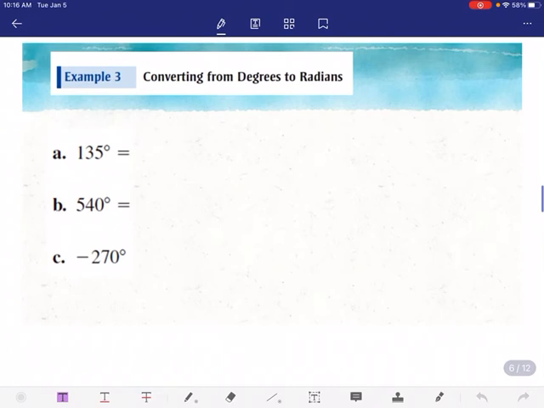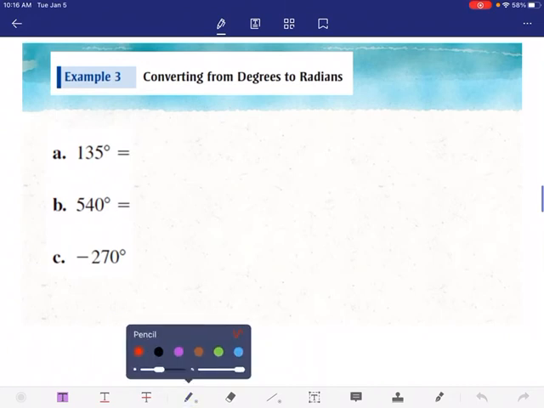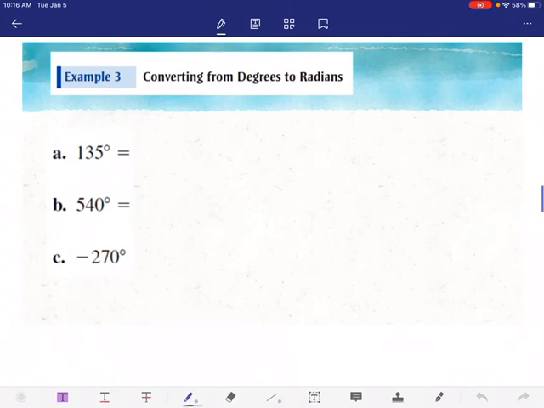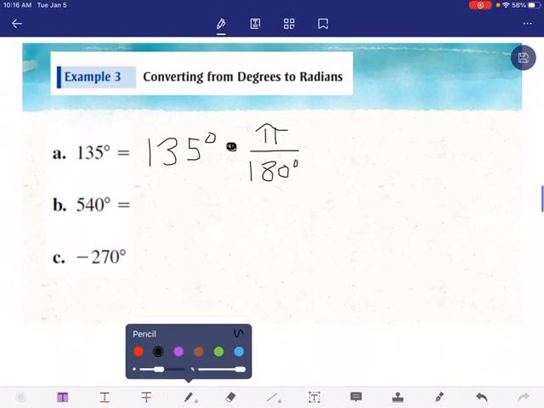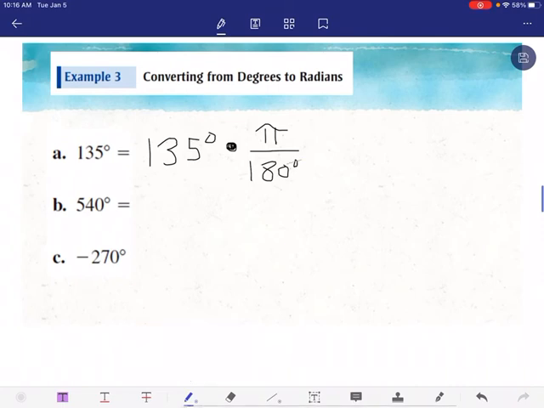So let's look at a few conversions. Notice that here we're starting with degrees on all of these. So I know that I want to multiply by pi over 180 degrees, because when we do that, our degrees are going to reduce, which is what we want. So we're just going to end up with radians. And then we're just going to have a fraction.